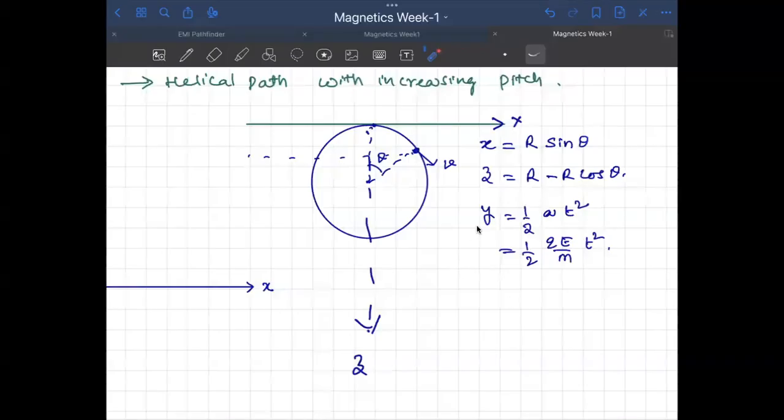So it is a helical path with increasing pitch, that we know. I have given you the X coordinate and the Z coordinate, and I am giving you the Y coordinate also.